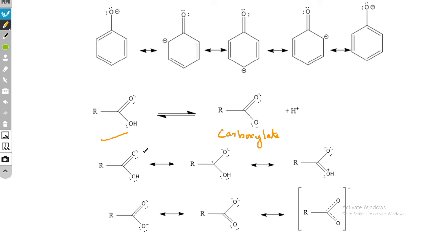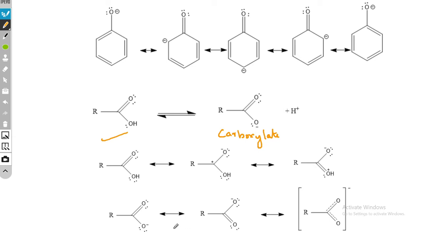This carboxylic acid can also draw different resonating structures like this, as we discussed earlier in the case of phenol. Here also there is charge separation in this resonating structure. After the removal of a proton from this carboxylic acid, we get the carboxylate ion.